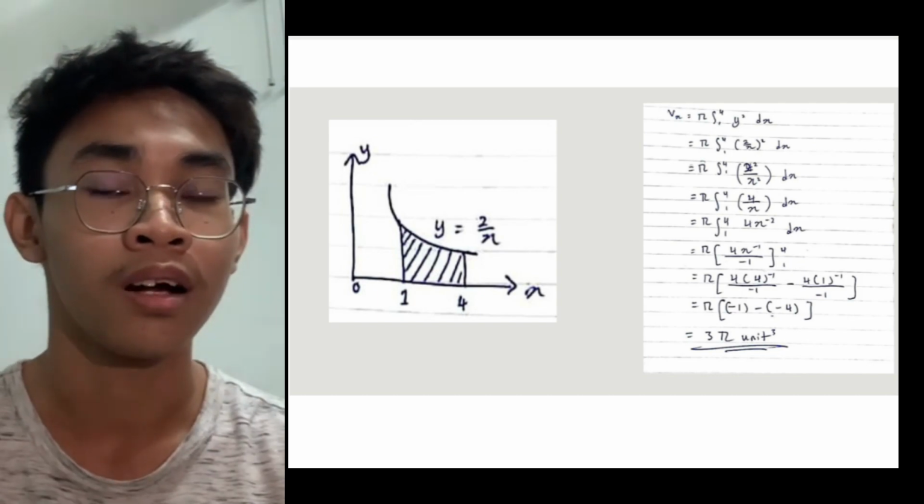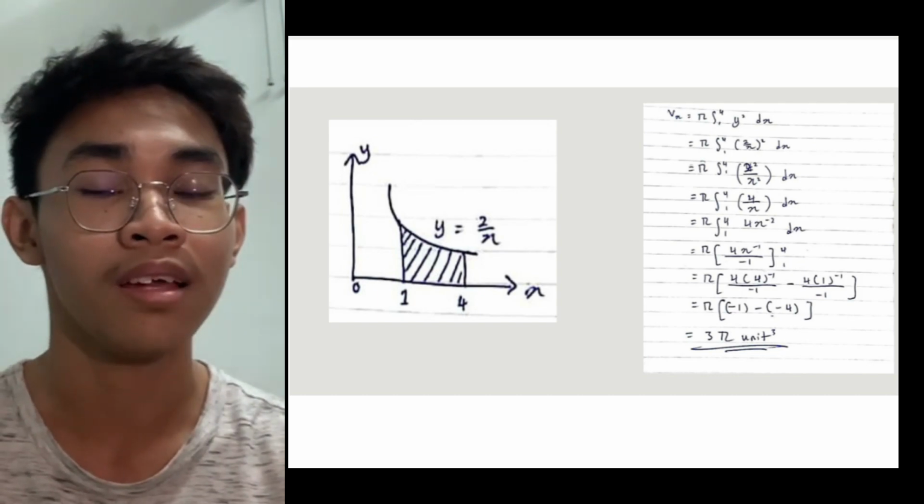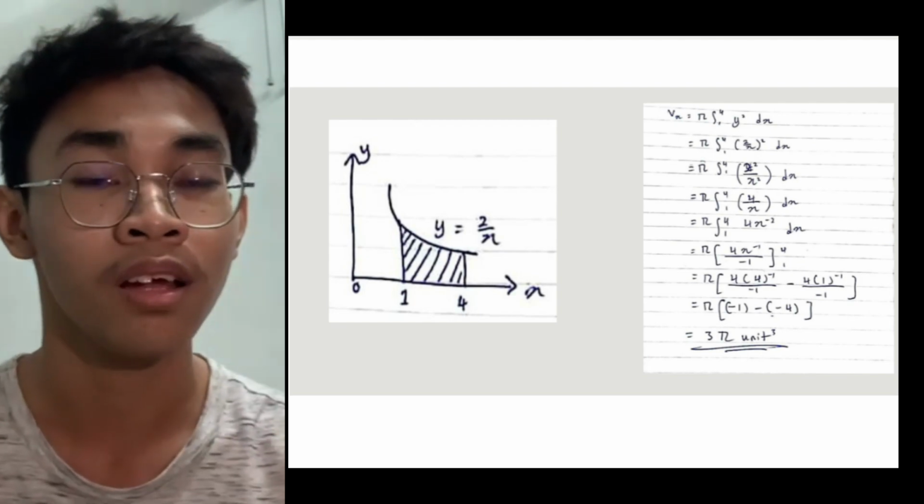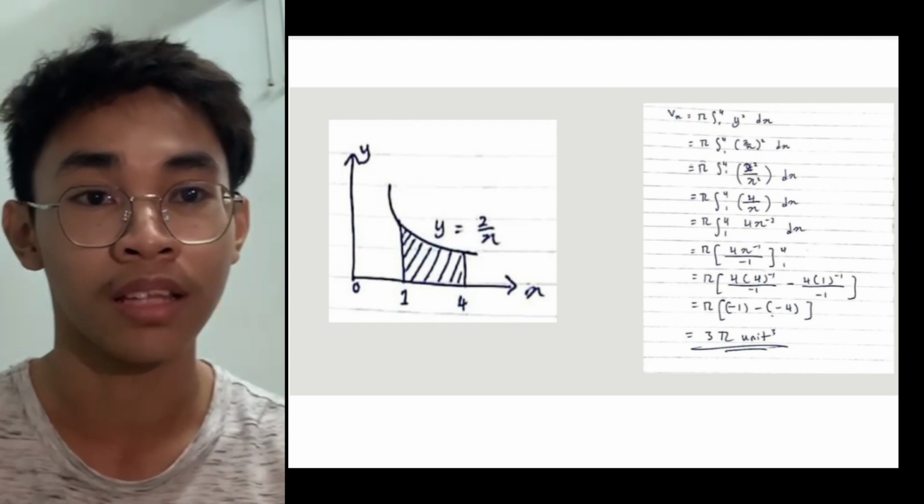And then we have 4 pi integration from 1 to 4 of x to the power of negative 2 dx.